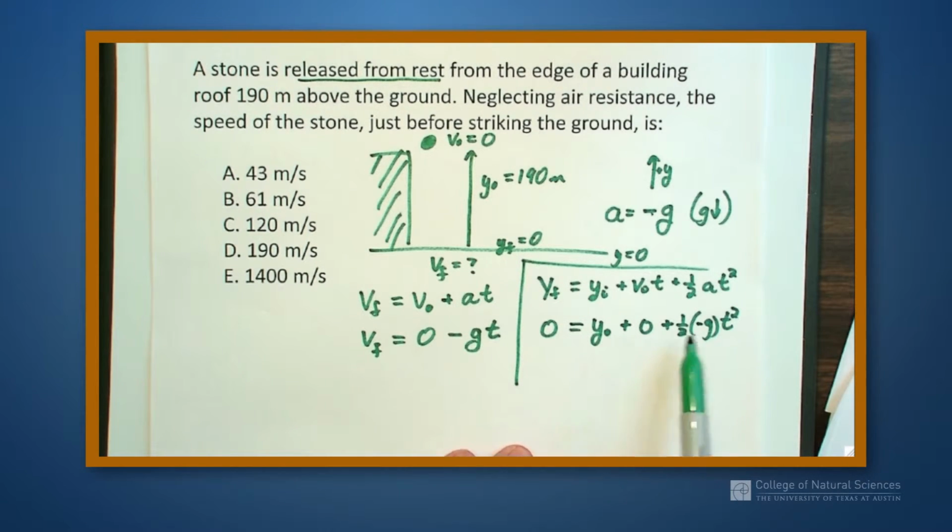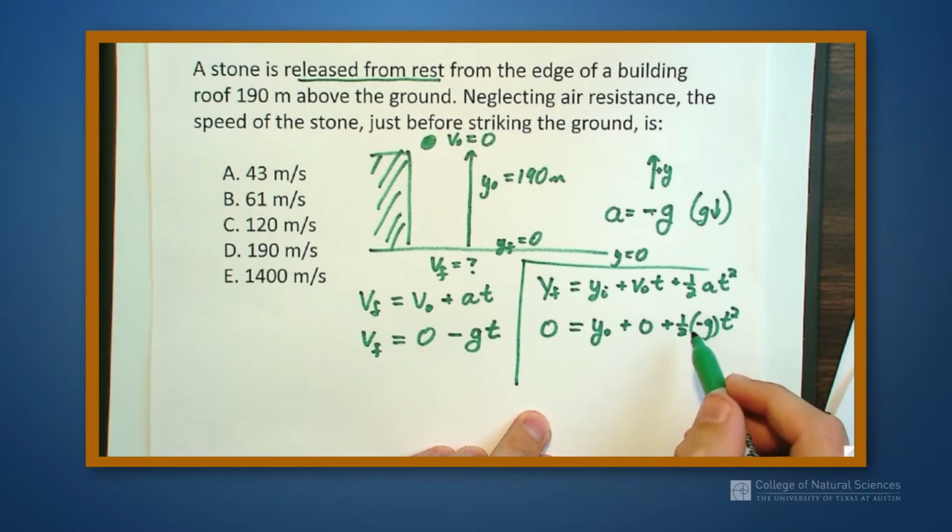I have an initial position, final position, initial velocity, gravity is known, I don't know t. So actually I can solve this equation right here for how long it takes, and I'm going to do that.